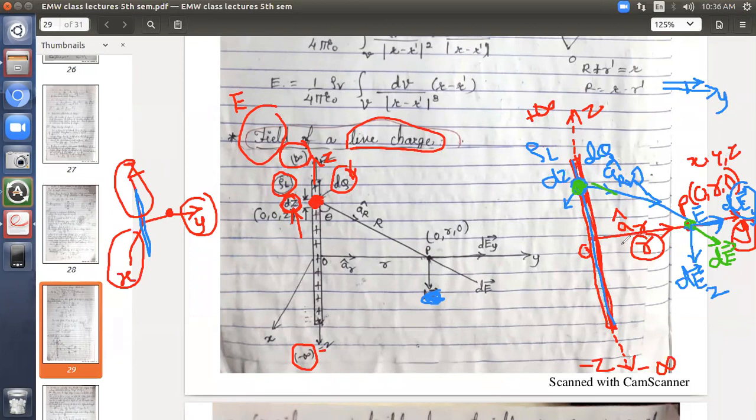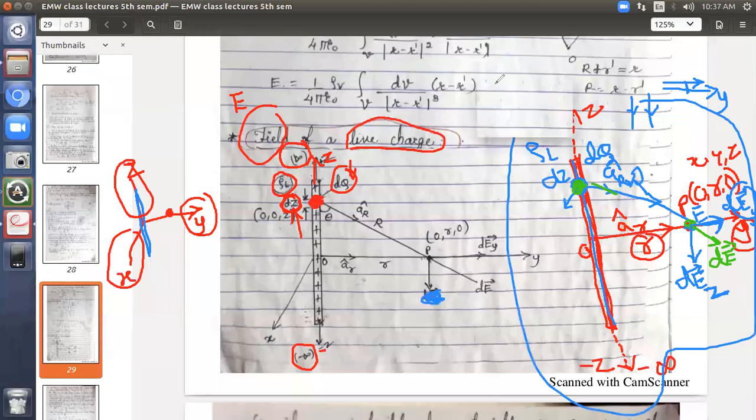Here, this is your negative z direction and I have taken the field like this, so it is parallel to the z direction. That's why I have to take dE suffix z. So I hope you understood the figure. Don't directly look at the figure and get confused. Start from what I have done here. Let me show you.